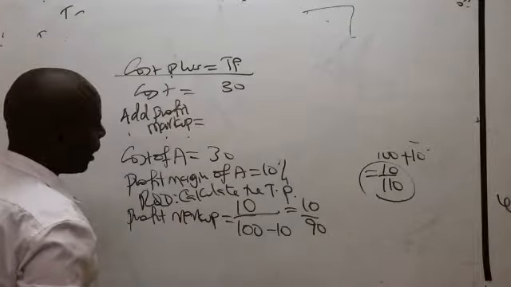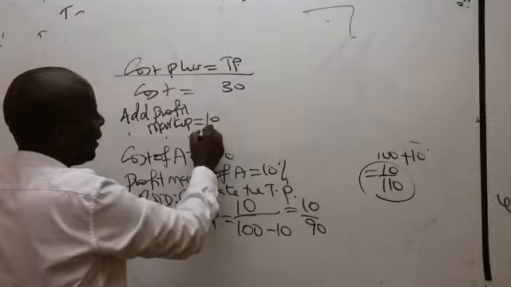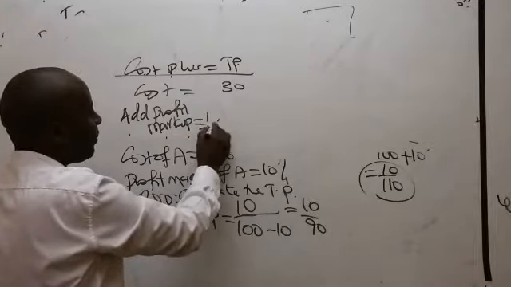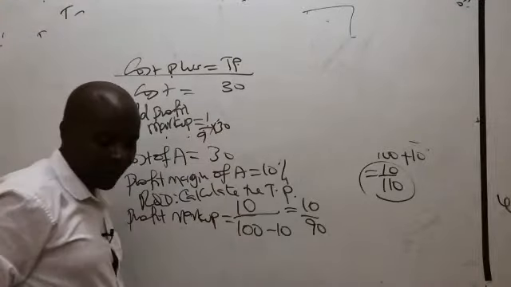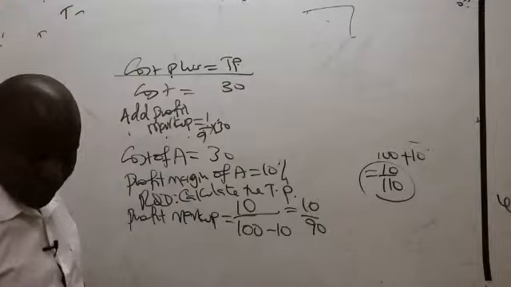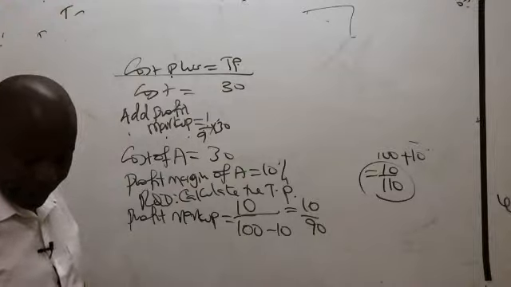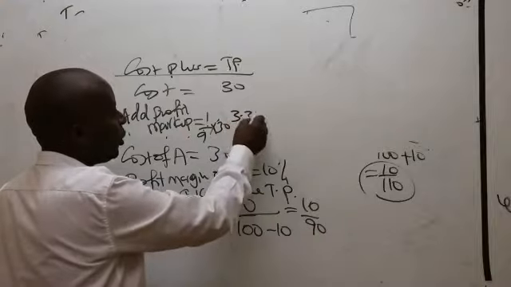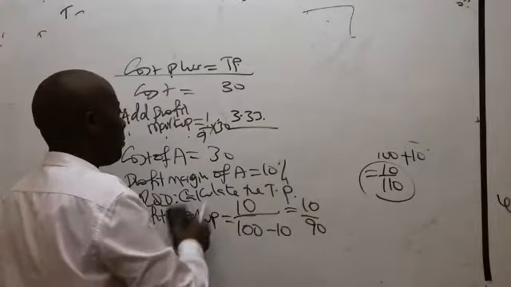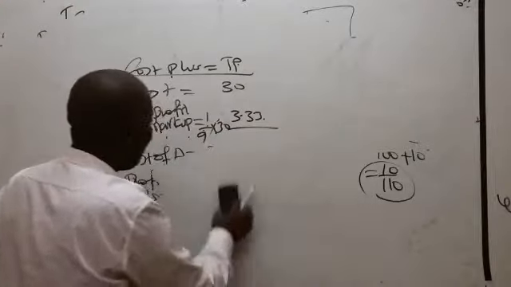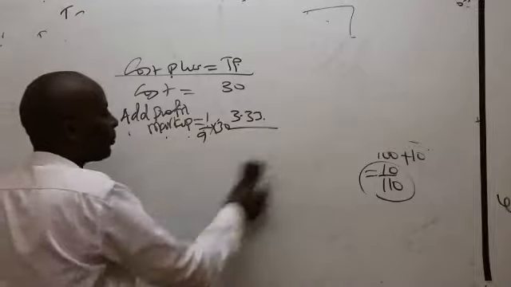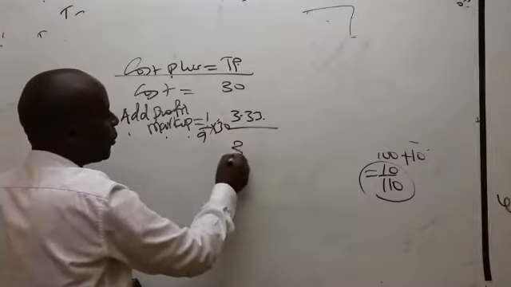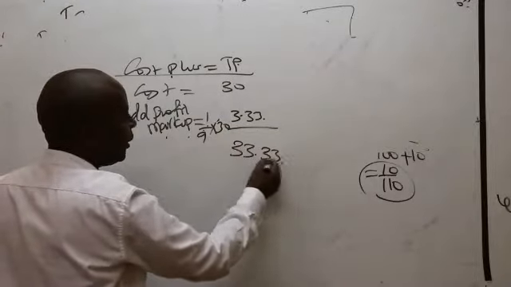The profit markup, you told me, is 10 over 90 or 1 over 9 times the 30. That's the same as 30 divided by 9, which gives us 3.333. So this department will get a transfer price of 33.33.